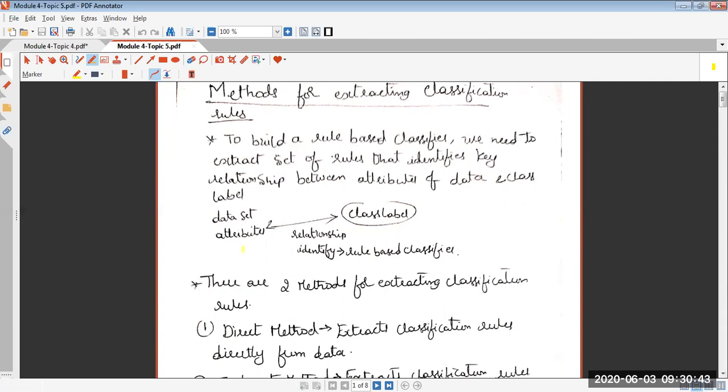Here we will try to explore how exactly a rule is constructed. This will be the fundamental, basic starting point. If a rule needs to be constructed, you need a data set with attributes.